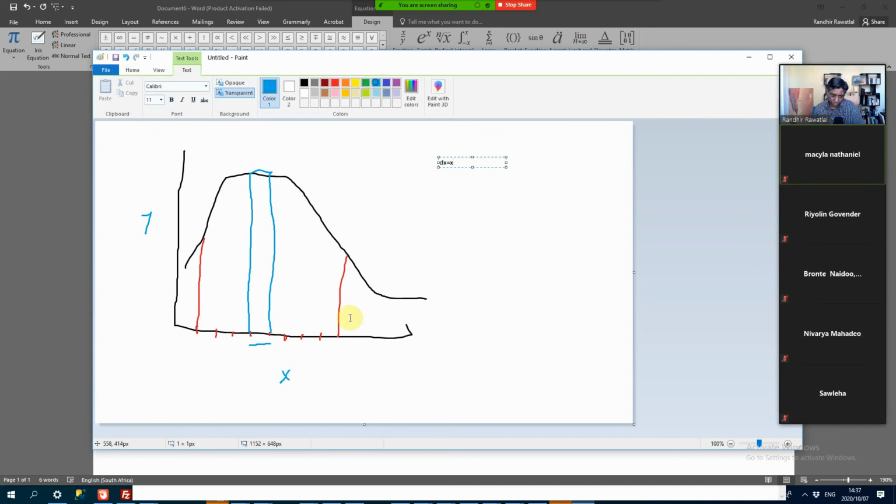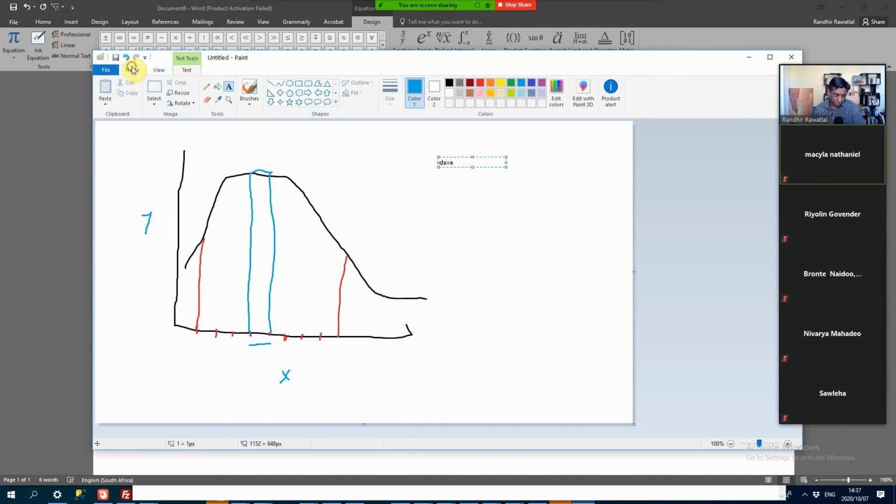So if your panel is here, then this is the area that you want, and an approximation to this area is to take the average height in this space. So your average height here, multiplied with that width, is an estimate of the area.